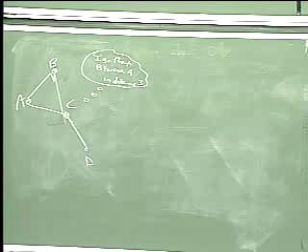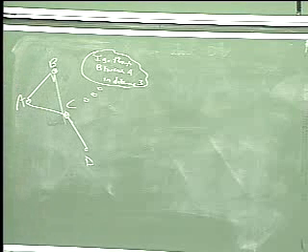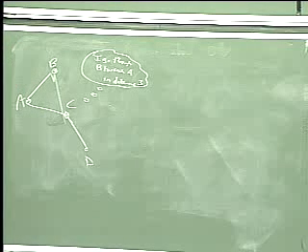And so normally, if you're running normal distance vector, it would send a distance vector to B, telling it, I can get to A in distance 3, right?